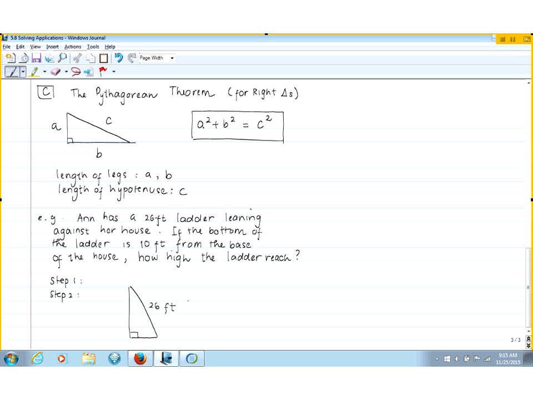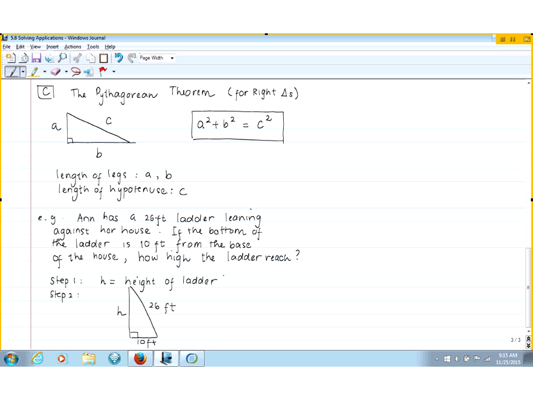So which one is 10 feet? The bottom. And you're being asked the height. So you can call it H or X, doesn't matter. If I call it H, then in step 1, I will write down H is the height of the ladder.